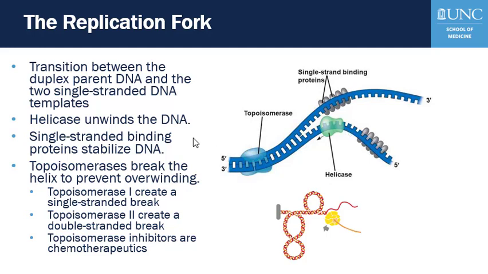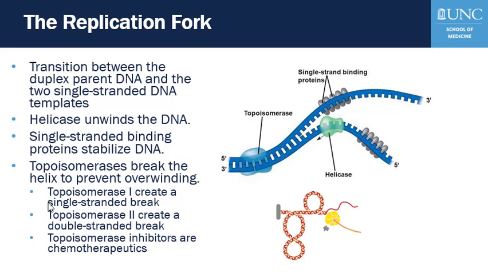But single-stranded DNA is generally very unstable and will try to form base pairs in whatever way it can, maybe by re-annealing with the strand it was just separated from, or by binding to itself. So to stabilize that single-stranded DNA and prevent it from re-annealing, single-stranded binding proteins bind to that unwound DNA.